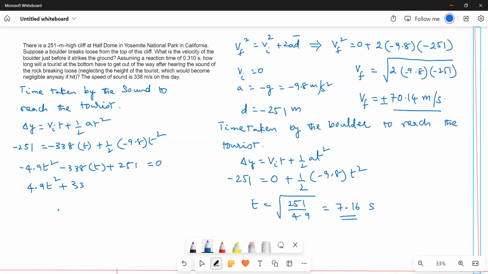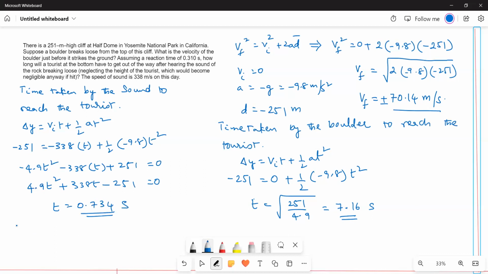And then from this, substitute the values in the calculator and find out t is equal to 0.734 seconds. Okay. And then the reaction time is equal to 0.3 seconds.